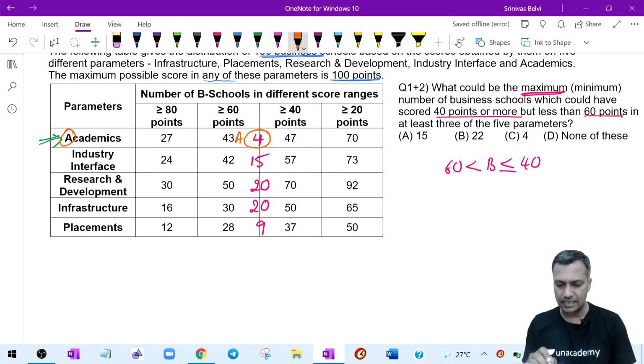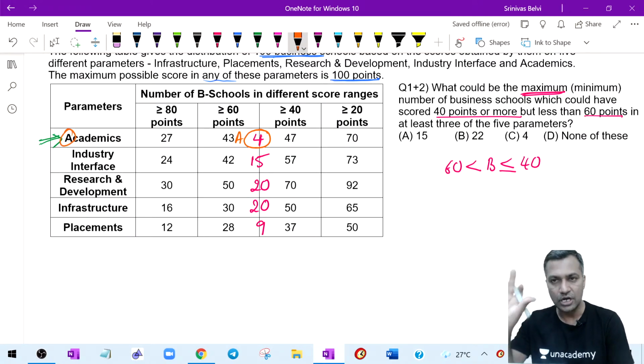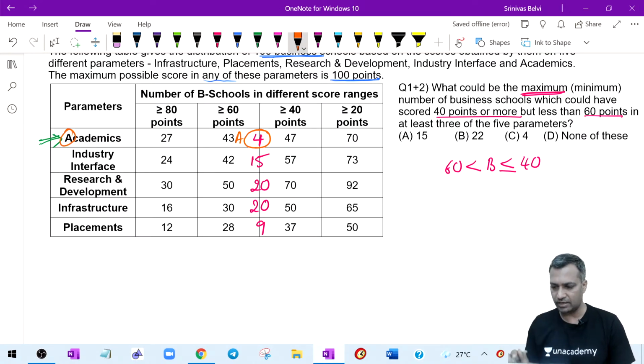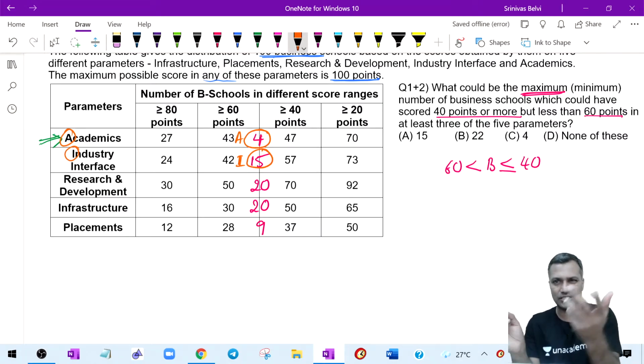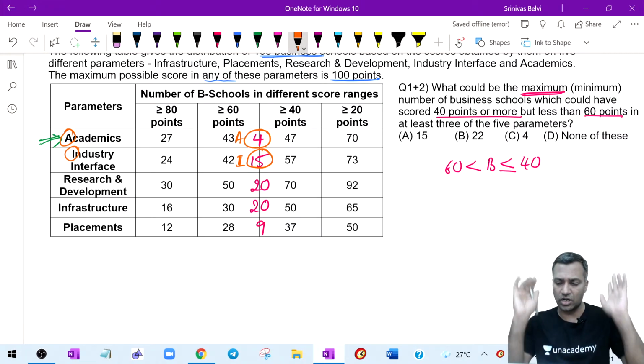Why? Academics. Then I will print I on 15 coupons, because 15 B schools have scored between 40 and 60 points and I have to give them a token. Why I? Industry. I just took the first letter.